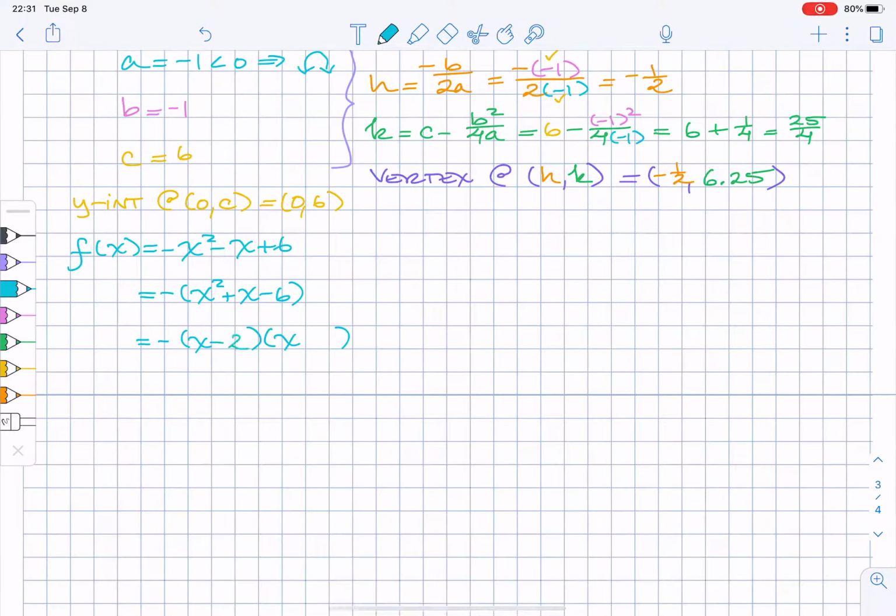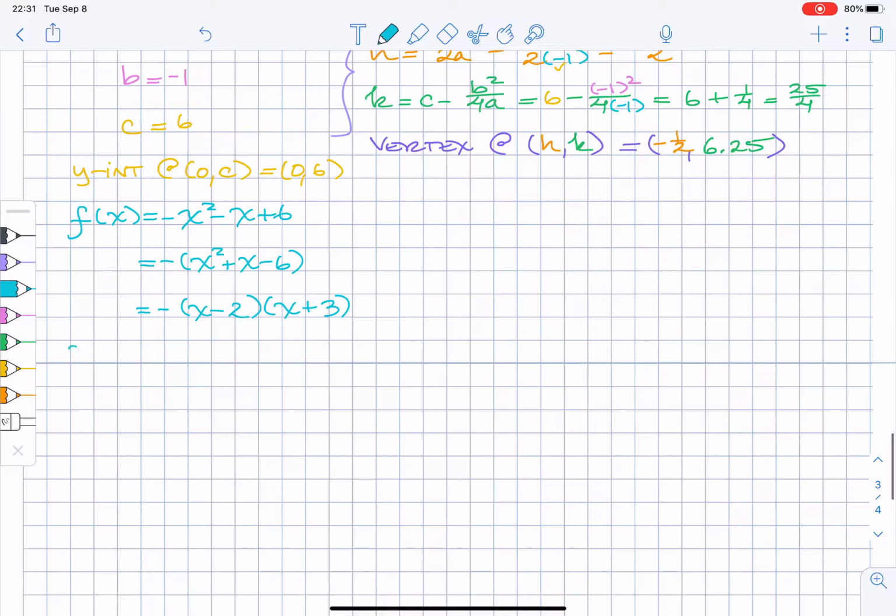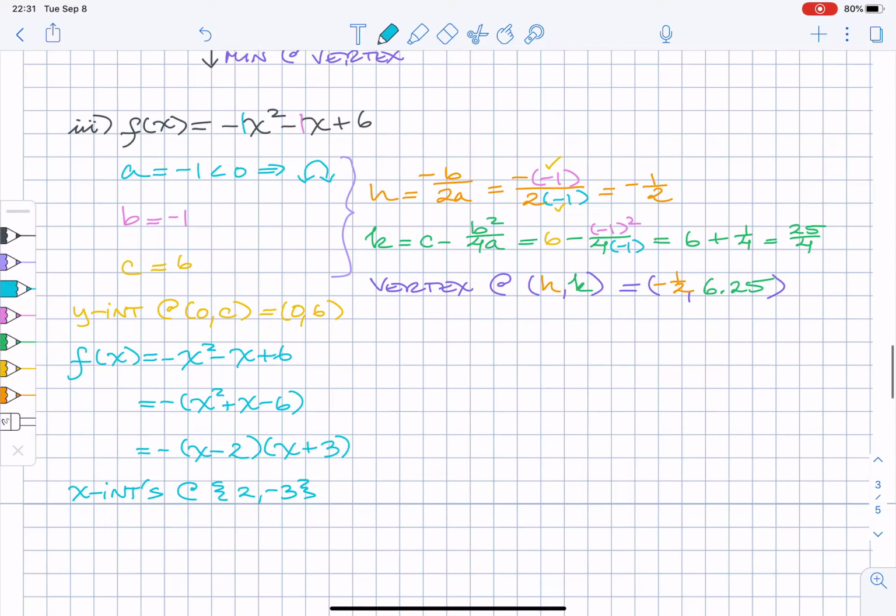I claim that's -2 and +3. So the x-intercepts will be at 2 and -3. Okay, so let's look at this. I know that my y-axis has to go up to 6, and we have to go down to -3, so once again I'm going to double things here.